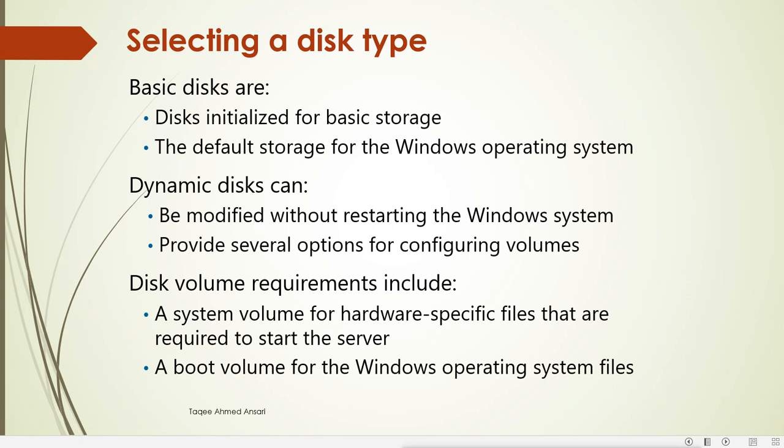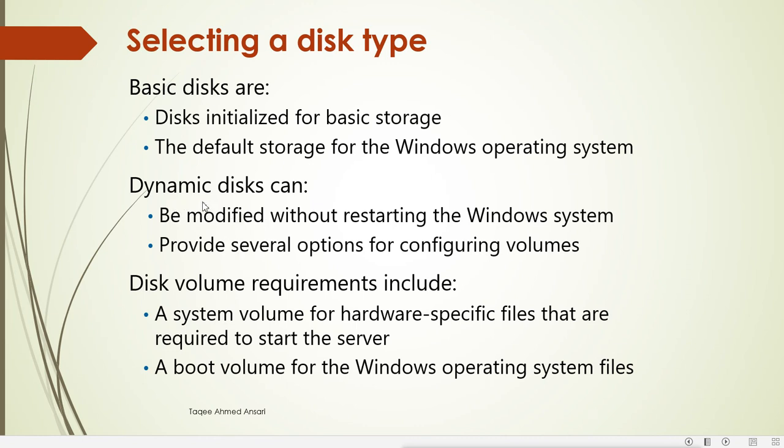One more thing: if the operating system is already installed on the disk and you convert the disk into a dynamic disk, then it will work easily. It will not give you any problem. But if you want to install an operating system on that dynamic disk, that means you want to reinstall your operating system, then you cannot do that.